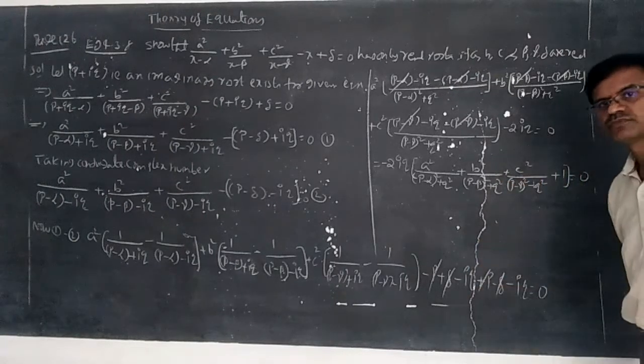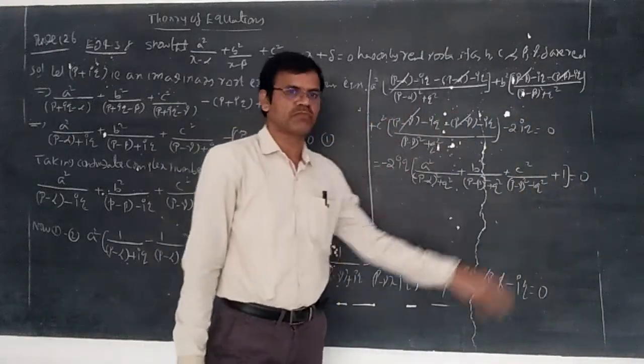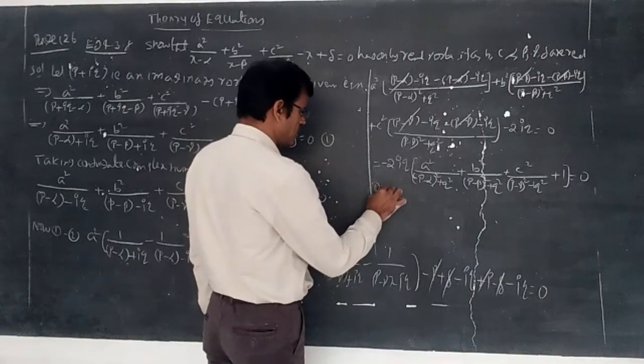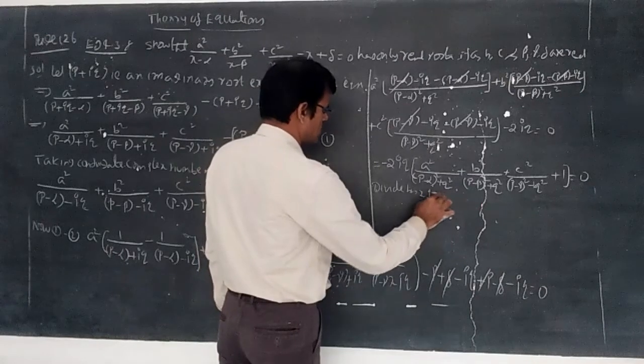This is the sum we got. If you multiply with 2 I cube, divide by 2, that becomes minus 2.